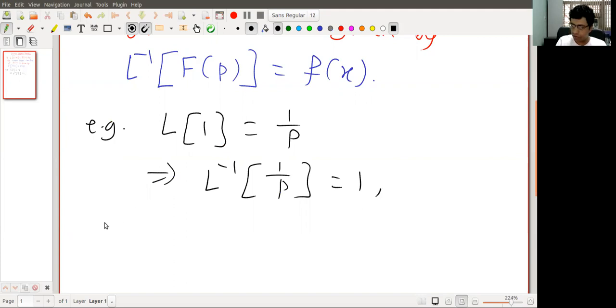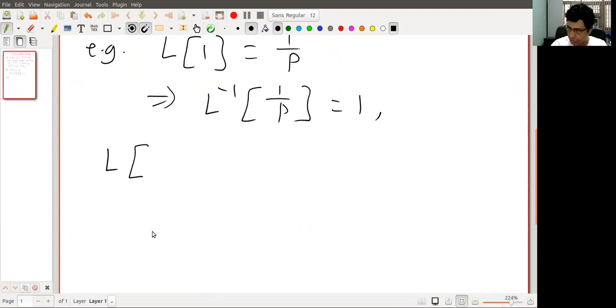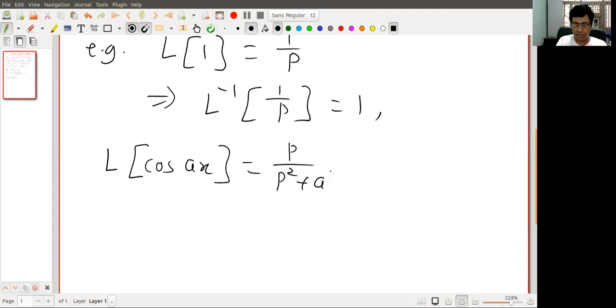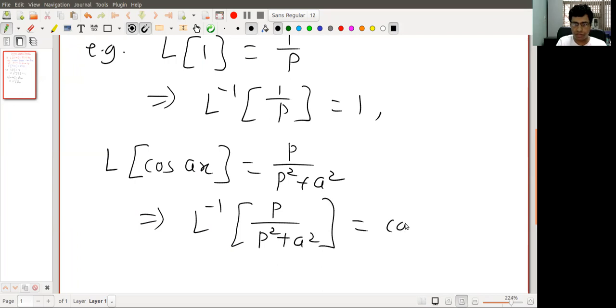Similarly, Laplace transform of cos ax is p divided by p square plus a square, a is constant. This implies inverse Laplace transform of p divided by p square plus a square is cos ax.